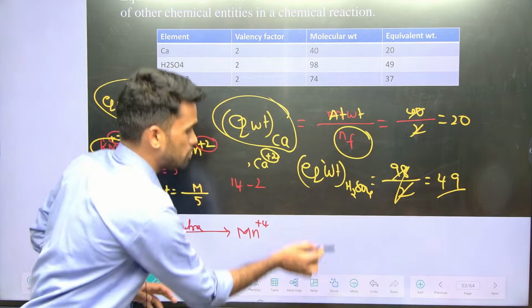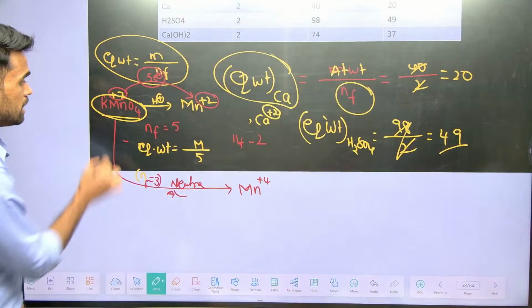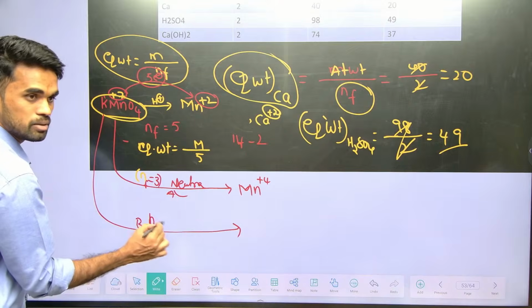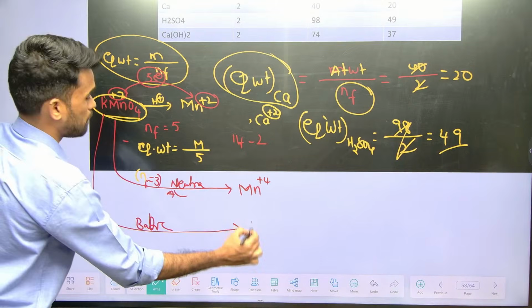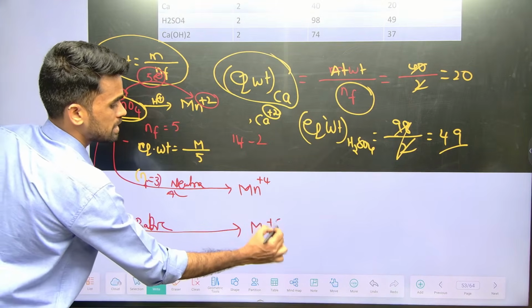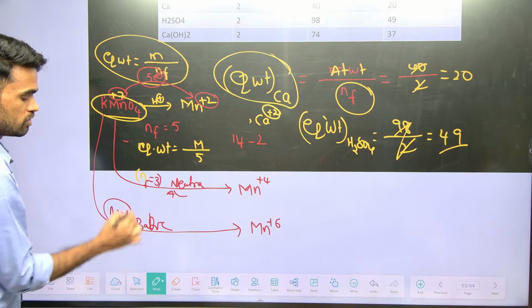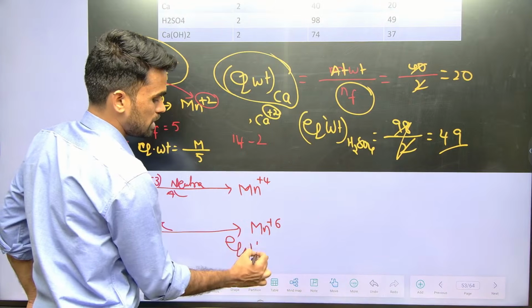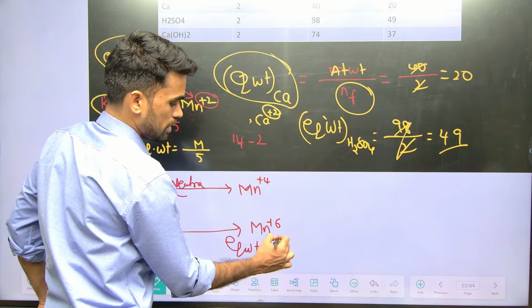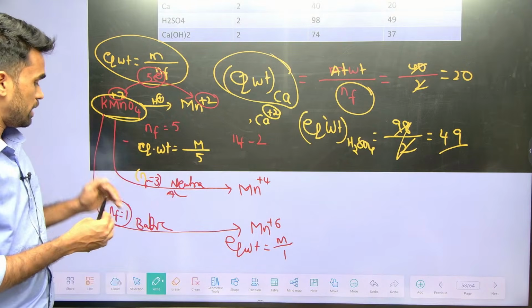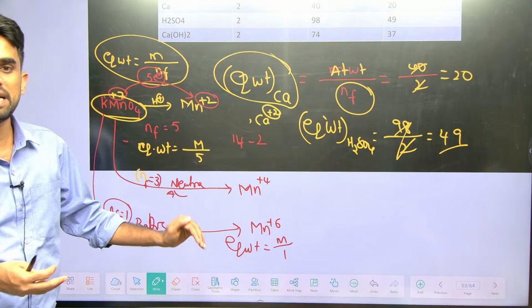The same KMnO4, when it is reacting in strong alkaline medium, basic medium, +7 converts into +6. So what is the change? The n factor will be 1. So now what is its equivalent weight? Molecular weight by 1. It means depending on the reaction, the equivalent weight will be decided.